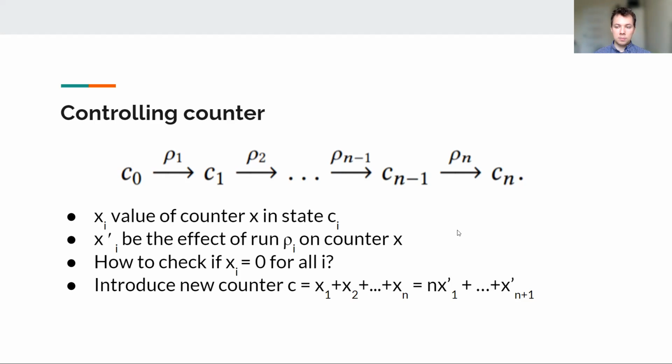The same thing is with the incrementations. So at the end, this counter will have exactly the value which we wanted, and we can check only it to be zero, and then we know that x was 0 at all of these points.